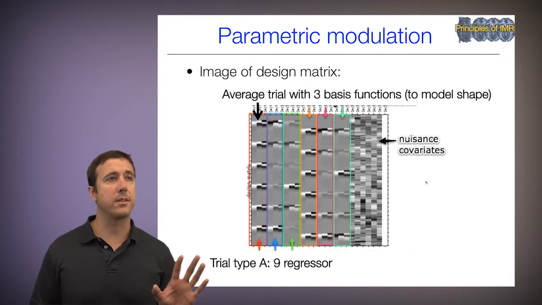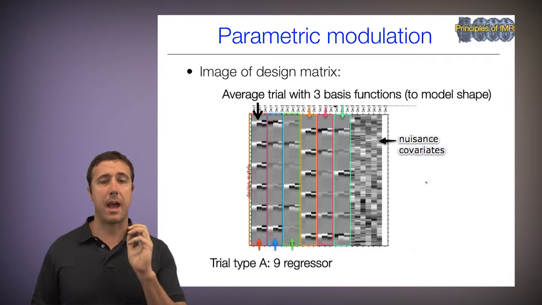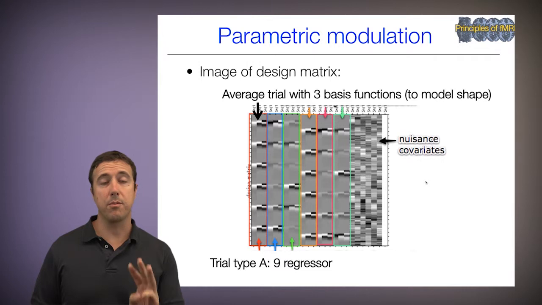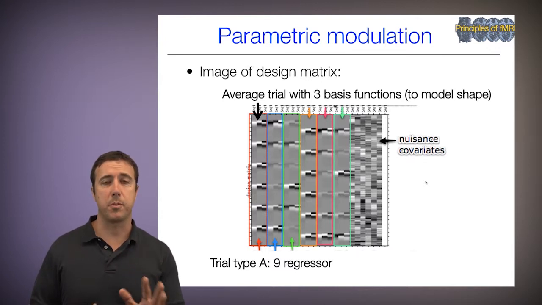Now if we just look at the trial type A regressors, the first 3 columns model the average response to trial type A, but it does it with 3 basis functions. So this is the 3-parameter basis that we talked about before, with the canonical, the derivative, and the dispersion derivative. And those together can capture the average response of trial type A with some flexibility in the shape.